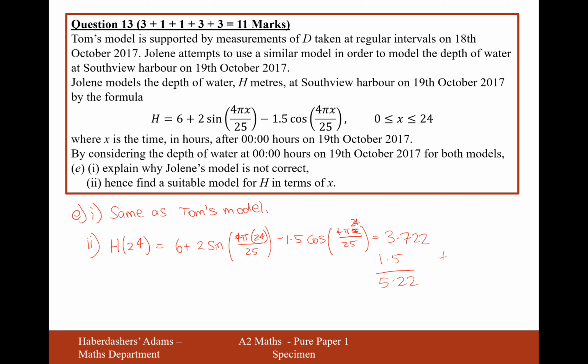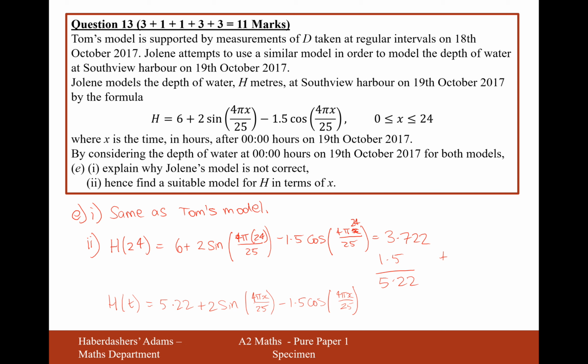So what this says is that the height of Jolene's model should be starting at 5.22 as the constant of addition there. So it should be 5.22 plus 2 sine 4 pi x over 25 minus 1.5 cos 4 pi x over 25. That's what it should be.